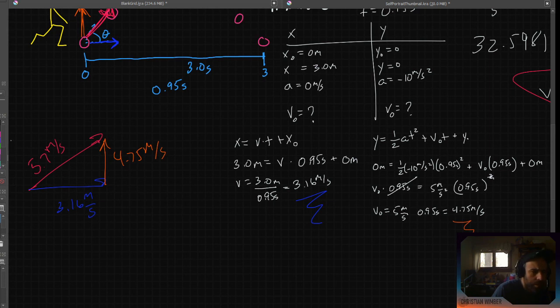And what we're looking for then is theta. So you're welcome to use any of your trigonometric functions. They'll all work. I'm going to pick cosine. Why not? So we know that cosine of theta is the adjacent over the hypotenuse. That's 3.16 meters per second and 5.7 meters per second.